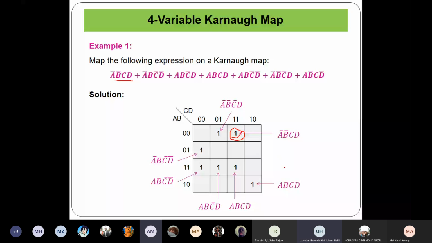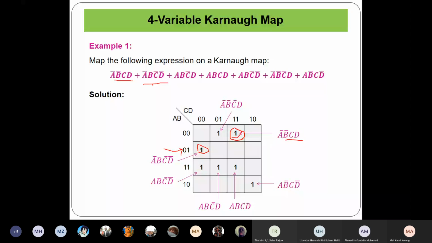The second one, A bar B. A bar B is 0, 1, so it has to be in this row. Then which column? C bar, D bar, so basically 0, 0. So you write 1 here.